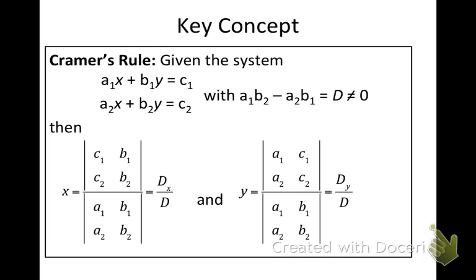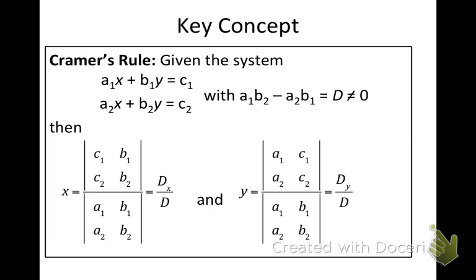So we need to always check that the determinant of the coefficient matrix, and we all should know what the coefficient matrix looks like because we use that when we solve for the inverse, does not have a determinant of 0. If it doesn't have a determinant of 0, that means we're good to go. And this is what Cramer's rule tells us we can do.